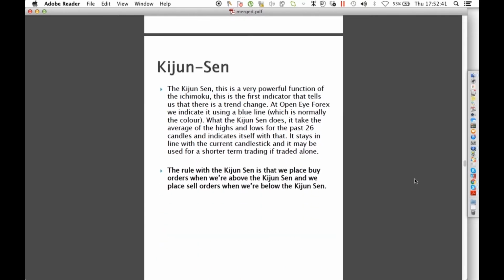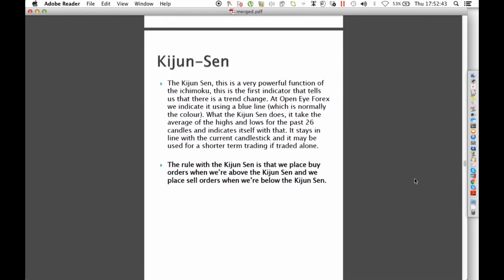All right, so let's start with the first one, the Kijun Sen. This is a very powerful function of the Ichimoku. This is the first indicator that tells us that there's a trend change. At OpenEye Forex, we indicate it using a blue line, which is normally the color. But you can change it to any color you want.